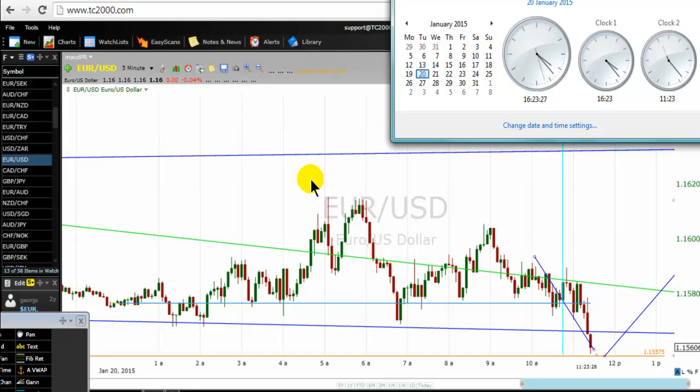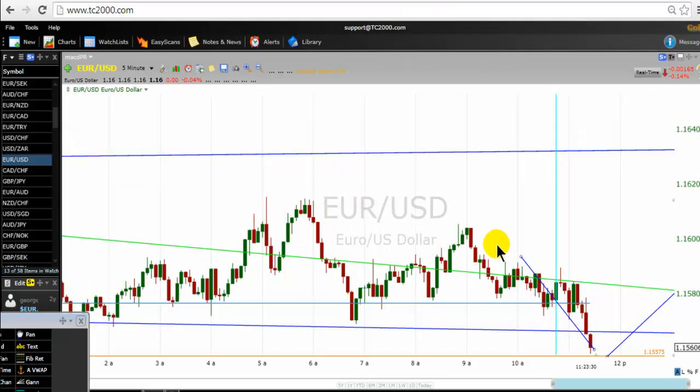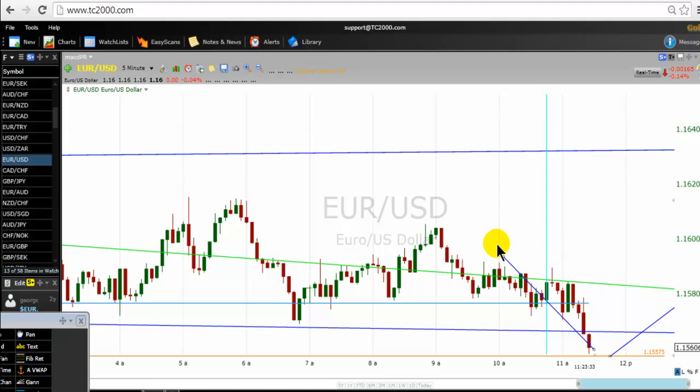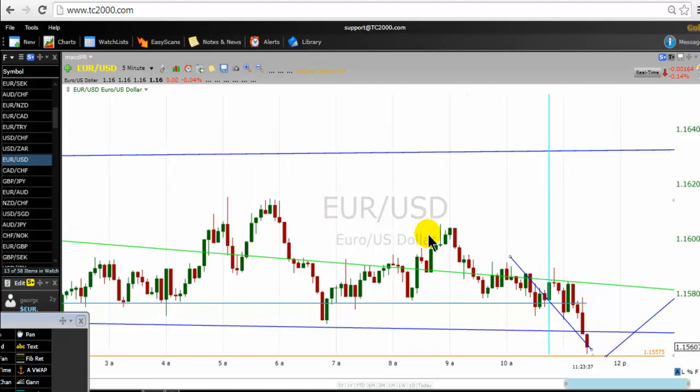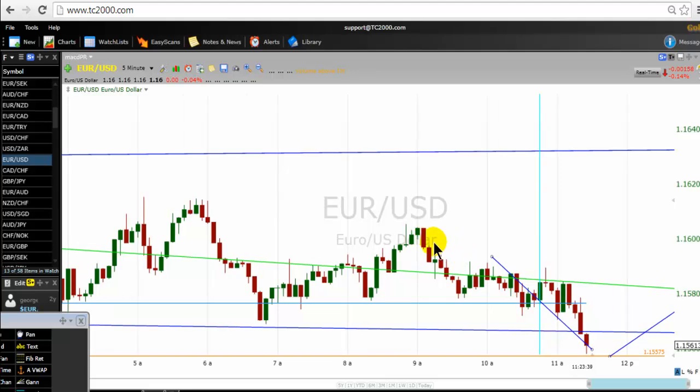But I want to give it a chance, going into the mind of other traders. This is about myself, my trading style and my risk tolerance. So I'll give it a chance if it starts changing direction here.